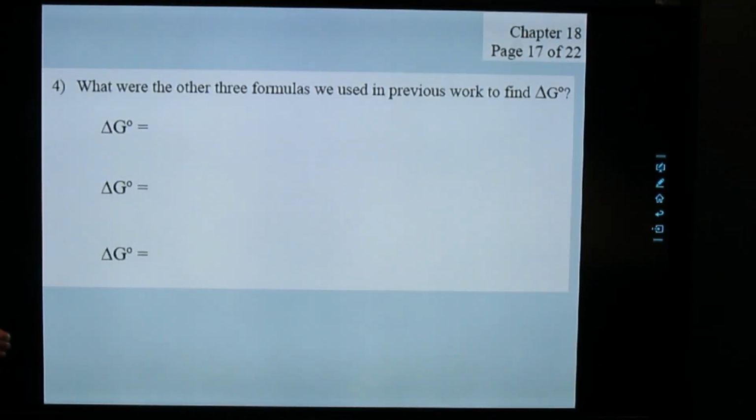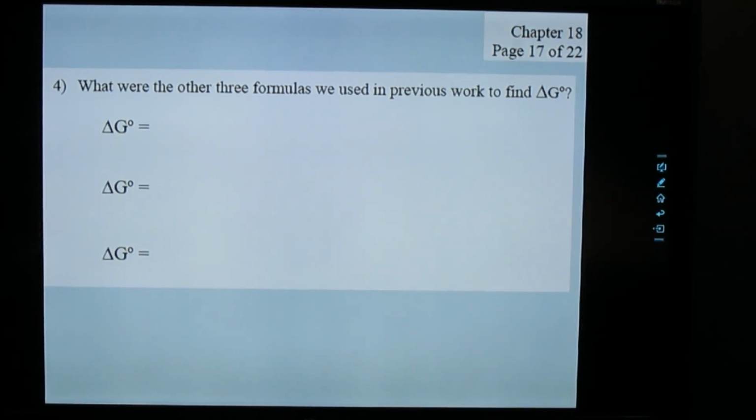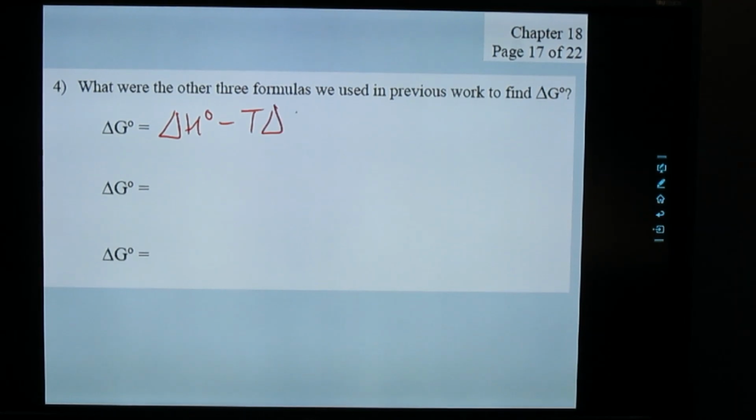So thinking back to chapter 17, we looked at 3 ways to calculate delta G, and we're going to compare the methods here. One of them was delta H minus T delta S. If we want to be linear, we can just do it in the same order we did in the last chapter.